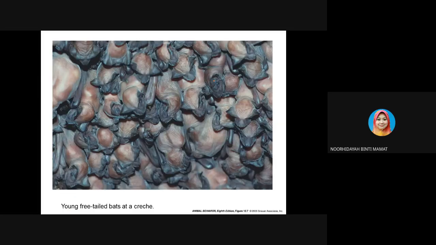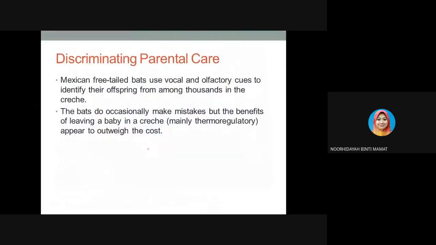So these are the young free-tailed bats in the crèche. Even though there are a lot of pups here, the females still manage to feed their own offspring. The Mexican free-tailed bats use vocal and olfactory cues to identify their own offspring from among thousands in the crèche.